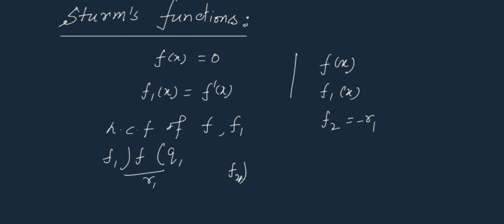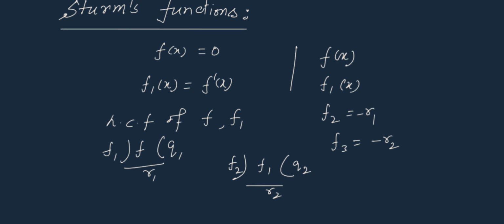Then we divide f1 by f2, because f2 is the next divisor, and we will get some quotient, let's say q2, and we will get r2. So our f3, the next Sturm function, will be negative r2. Okay. For better understanding, let's do an example.